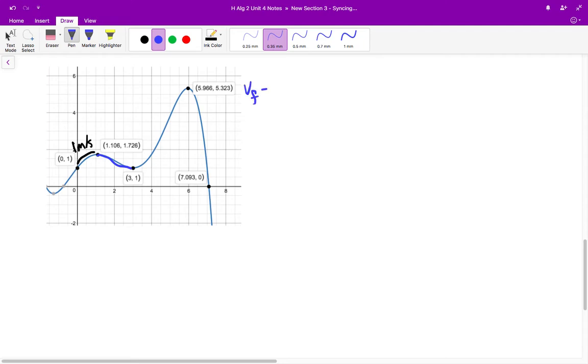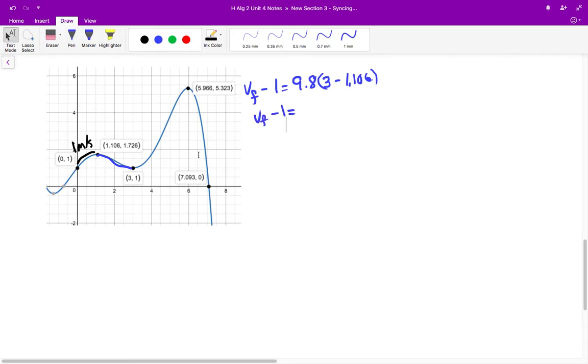So let's do this: final velocity minus initial velocity, which again, the initial velocity was 1 meter per second, equals your acceleration. We are going down, so we are picking up speed, positive 9.8 meters per second squared, times 3 minus 1.106, and that should get us the right side of our equation.